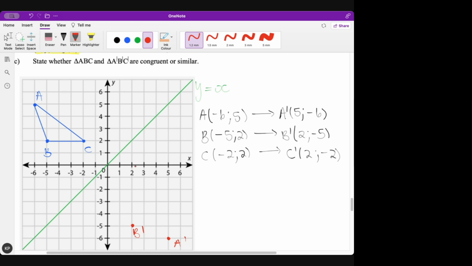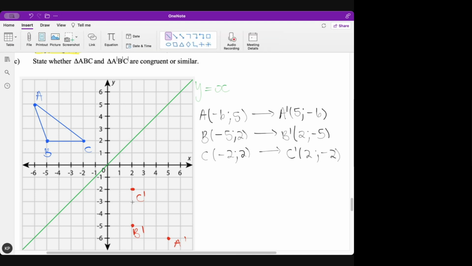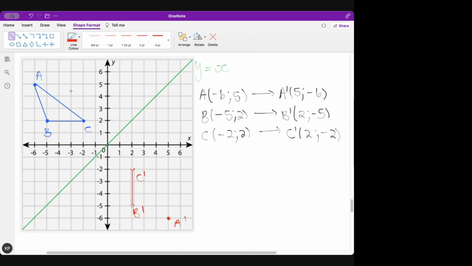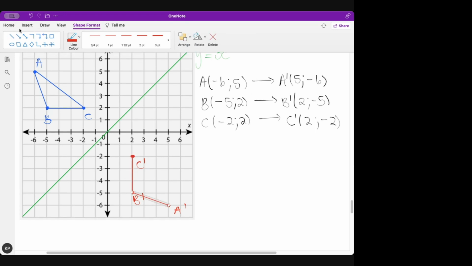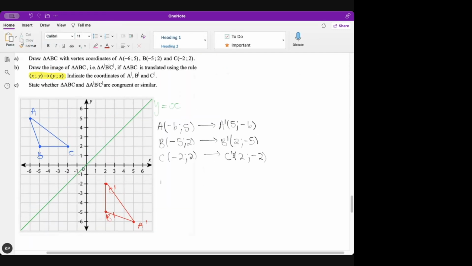And then we're going to the next one, which is at 2 and negative 2, C prime. There we go. And that is my new triangle.